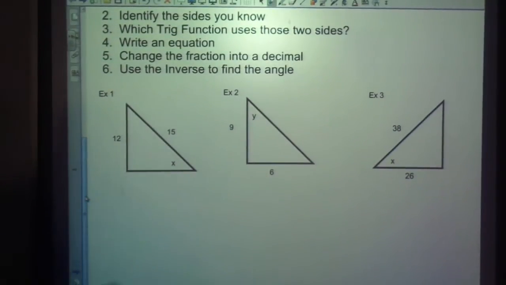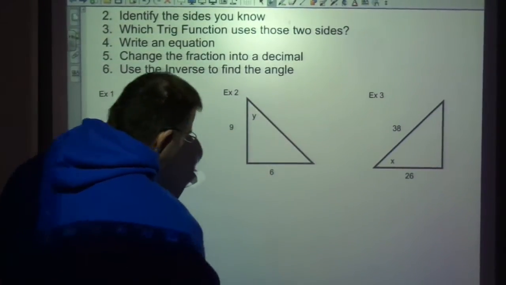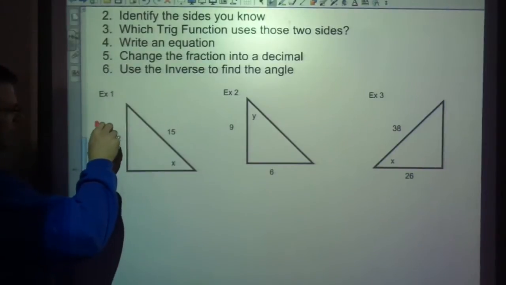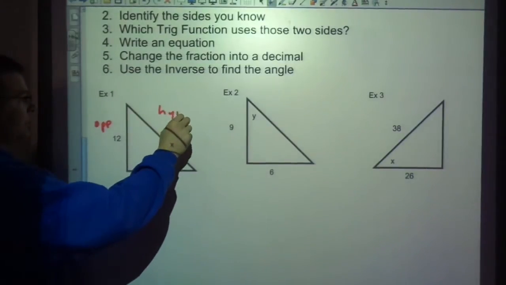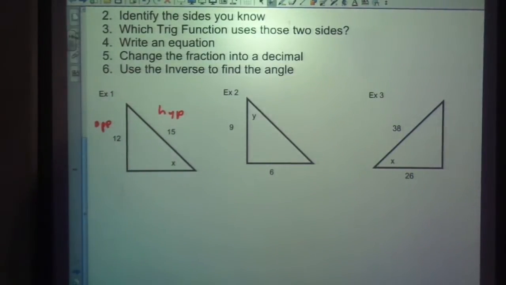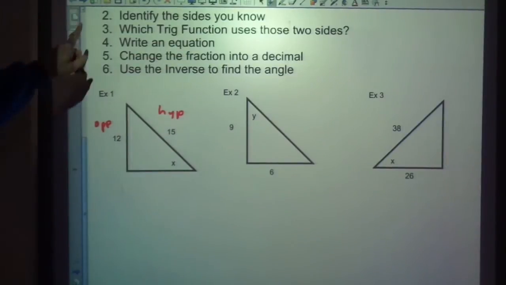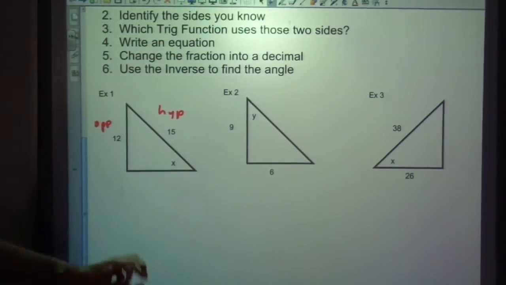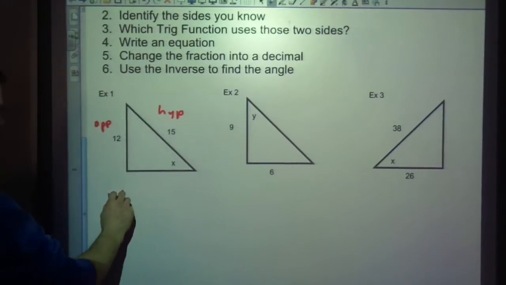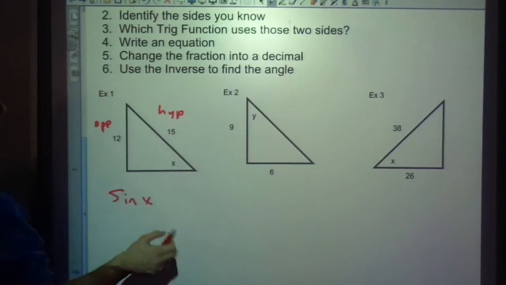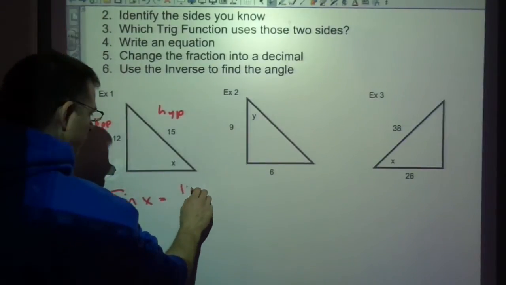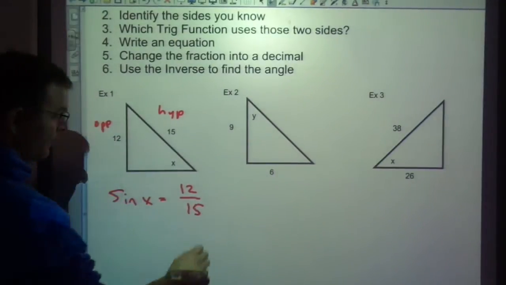Okay, so in this problem, I label the sides. Here's my angle of reference. This is the opposite, and this is the hypotenuse. All I'm going to do now is think what trig function uses those two sides. Opposite and hypotenuse, that is sine. So I'll write my equation. Sine of x, I don't know that angle, is equal to 12 over 15.